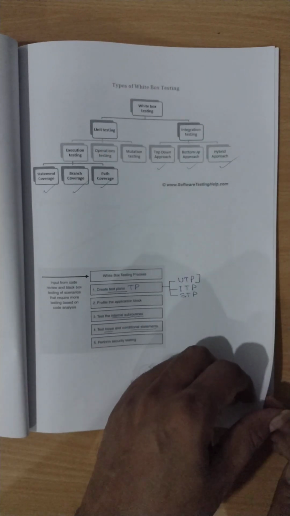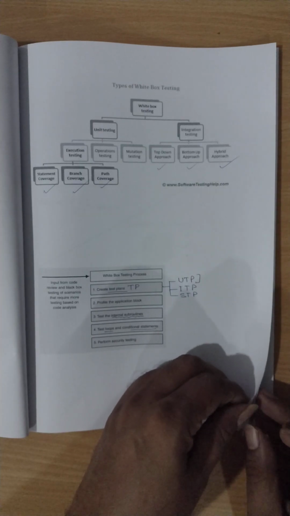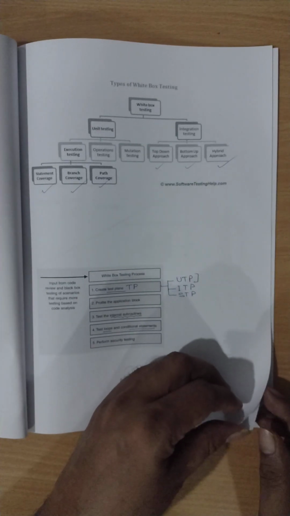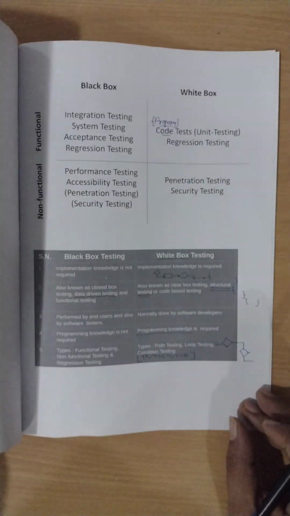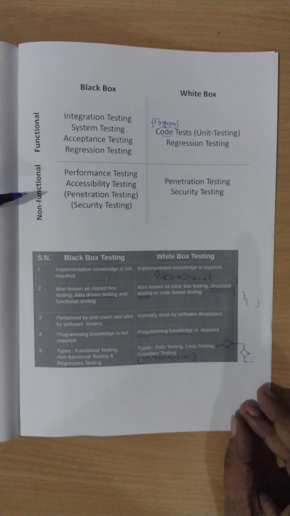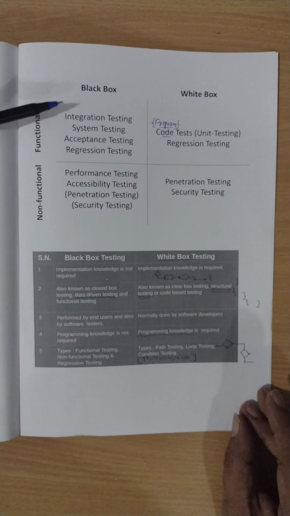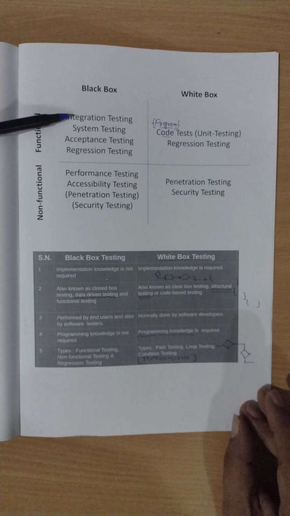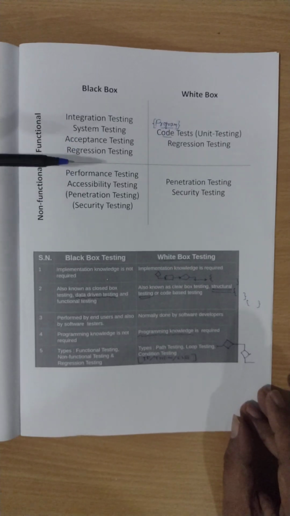These are part of white box testing, being shown as a part of your unit testing. This is another way of representing it. Then we have seen the functional and non-functional types of testing. Under black box we have integration testing, system testing, acceptance testing, regression testing.